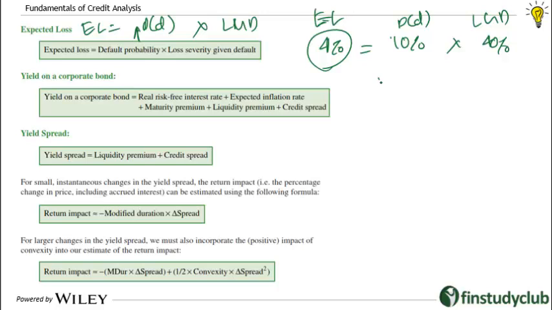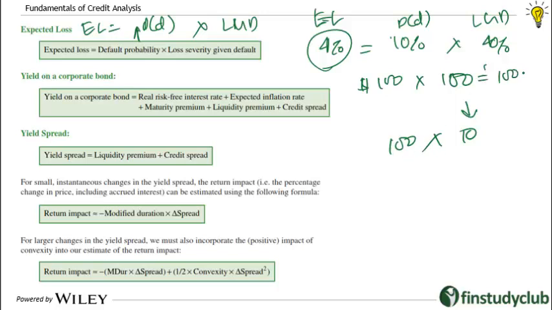So if I have given $100 each to, let's say, 100 individuals, and PD is equal to 10%, I expect 10 individuals to default, to whom I would have given $100 each.